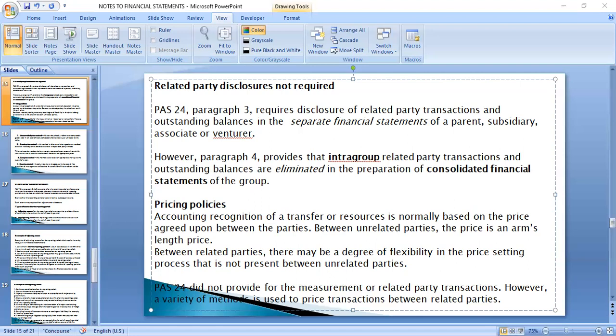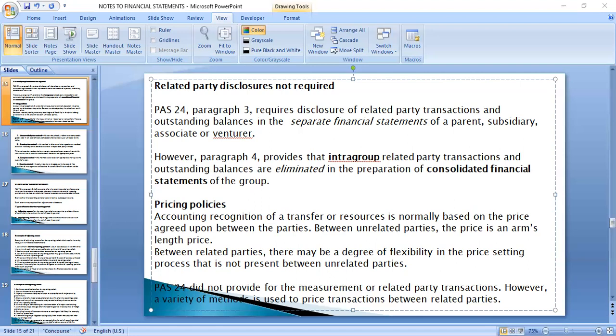Now, we have examples of the adjusting events after the reporting period, which require the entity to adjust its financial statements. One, settlement after the reporting period of a court case, because it confirms that the entity already had a present obligation at the end of the reporting period.